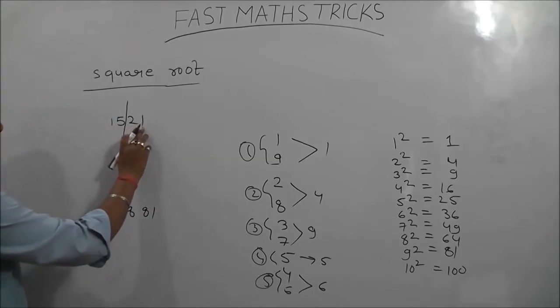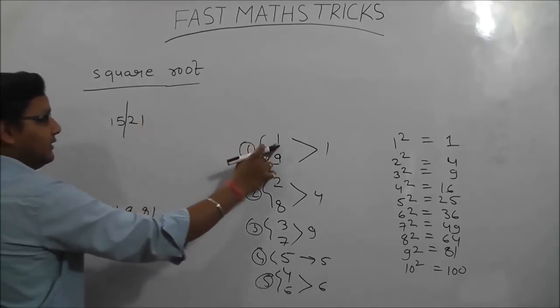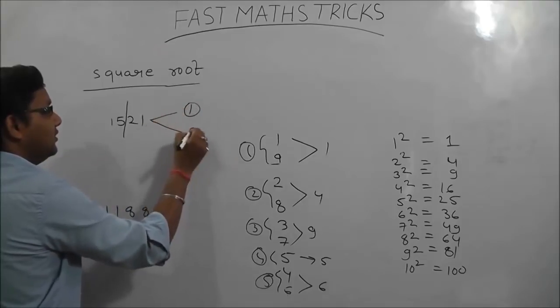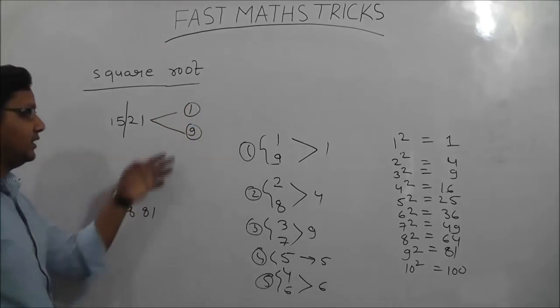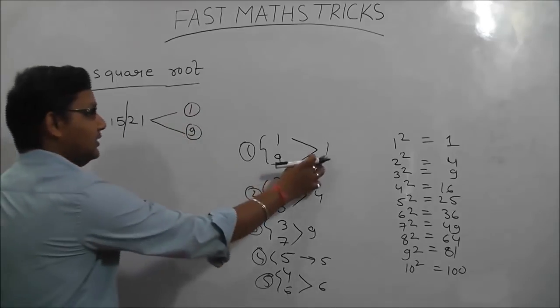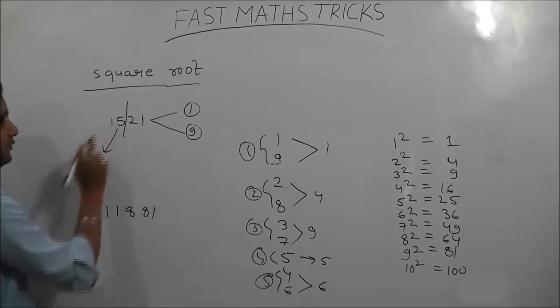So the last digit is 1. A number ending with 1 means the square root can end with 1 or 9. Now let's see 15.